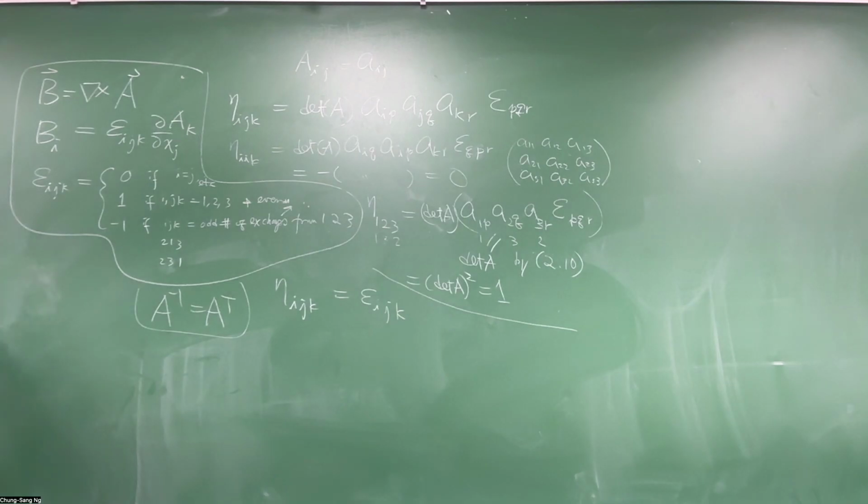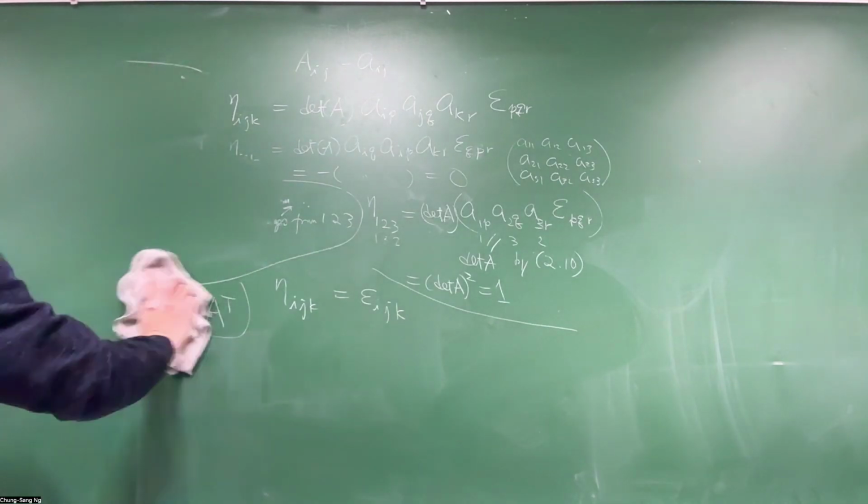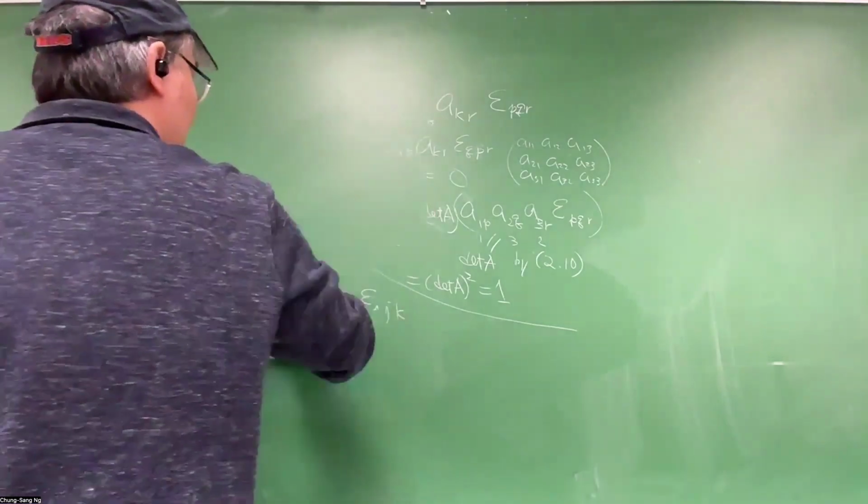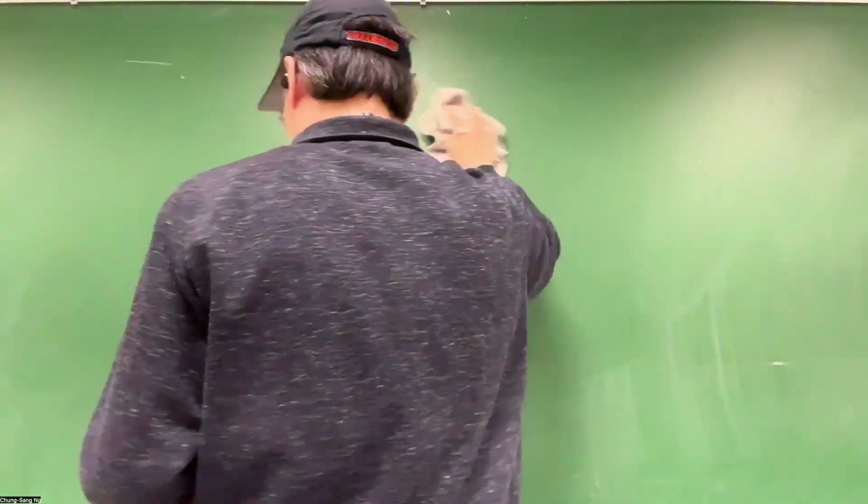So all these are done. If you have a second rank tensor that is anti-symmetric, you can define a dual vector.